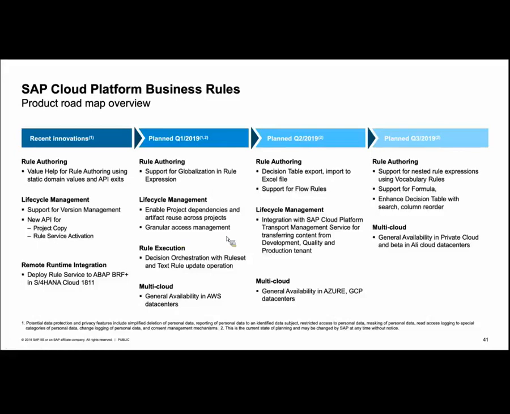Currently, you only have one user access, and if you have that, you are able to see everything in the rules. But we are going to work to provide granular access. And then we will continue working on the multi-cloud strategy, first releasing in AWS, and then, as I said, Azure and GCP data centers.